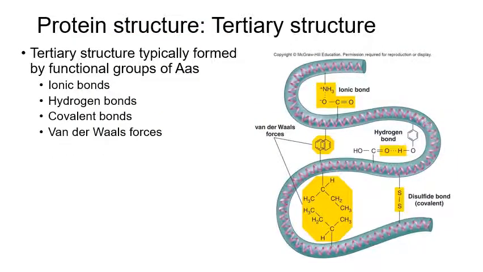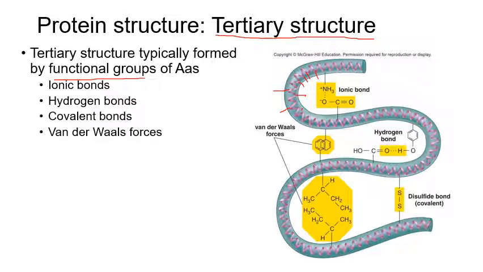All right, and now we get tertiary structure. Tertiary structure is typically formed by the functional group, that R group. Remember these chains are made with peptide bonds, and each amino acid, wherever it is, will have an R group coming out of it. What amino acids are present determines which R group is sticking out.